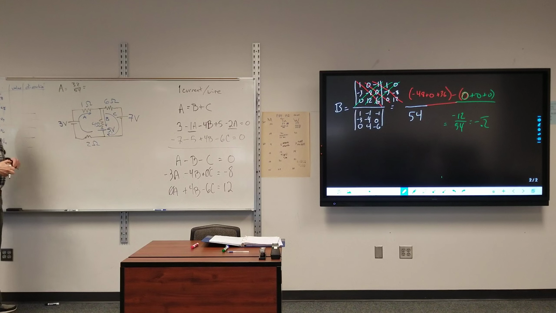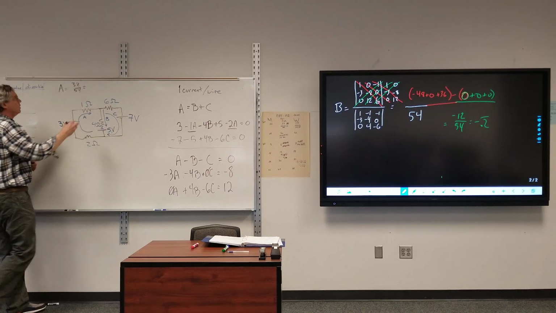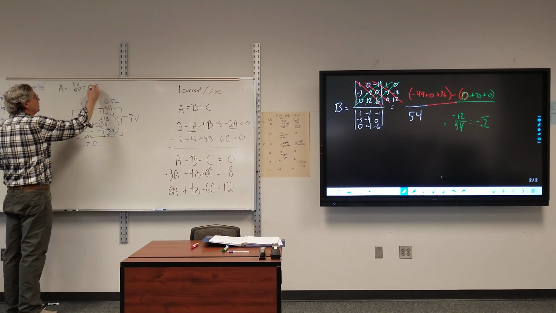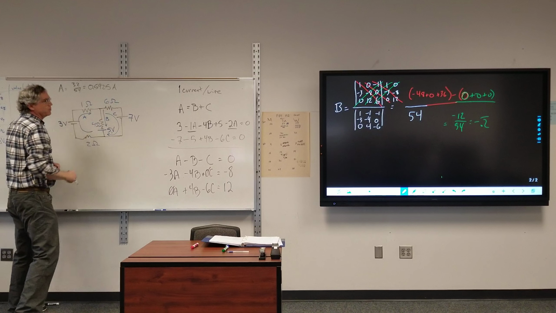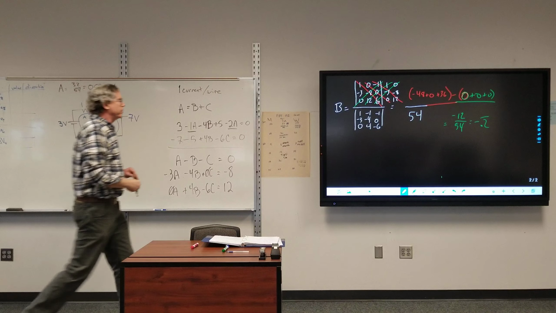Which is, what is that as a decimal? .5925. Amperes. And, oh, I did not write units over here.